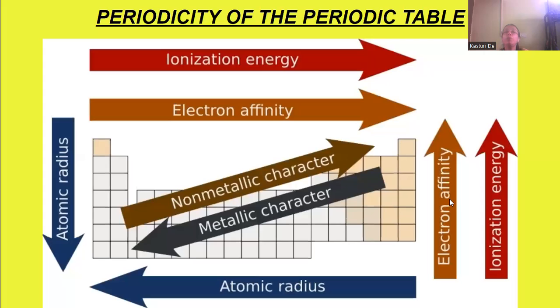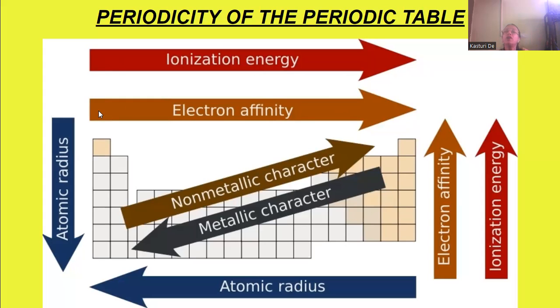Okay. Now we come to see the periodicity of the periodic table. As we move from left to right of the periodic table, ionization energy, that is ionization enthalpy, increases from left to right.